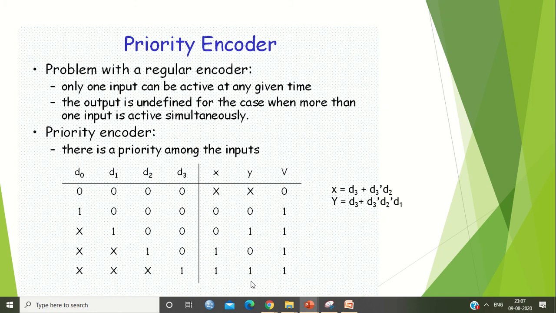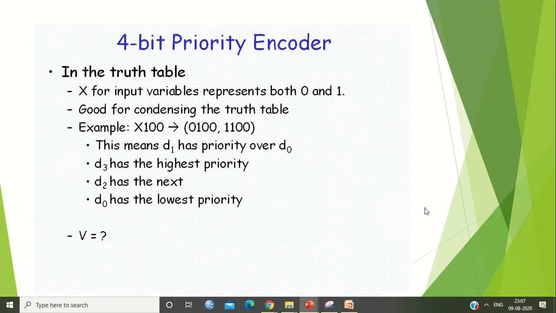And when you go for Y, for Y it's D3, and what you can do is D1 D2 dash and D3 dash. Without finding the K-map, we are able to write the expression for this. And for V, which is called the validity, it is given as D0 plus D1 plus D2 plus D3. That's called the validity pin expression.